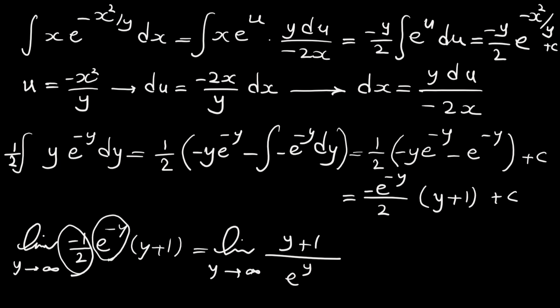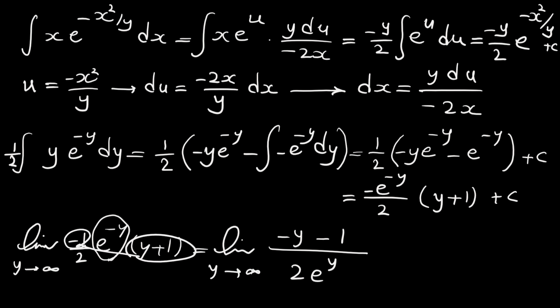This negative 1/2 is just a coefficient which you can put outside of the limit, or simply you can put the negative 1/2 here as a coefficient. So 2 e to the y in the denominator and the numerator is negative y minus 1. If you multiply negative 1 in the numerator, we have this. Now we use L'Hopital rule. From L'Hopital rule, we know that we have to take the derivative of the top and the derivative of the bottom.